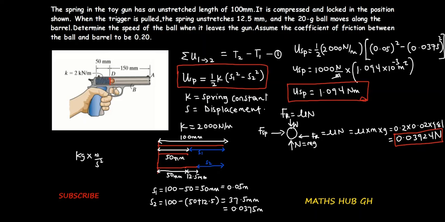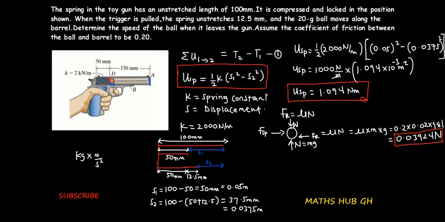So let's say it moved some small distance here, which is the 12.5. Because there is friction between the ball and the barrel, when the ball is moving from the red point here to this point, there's going to be friction throughout, because within that range there will be friction between the ball and the barrel of the gun.